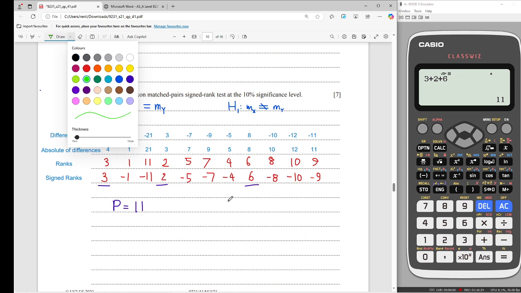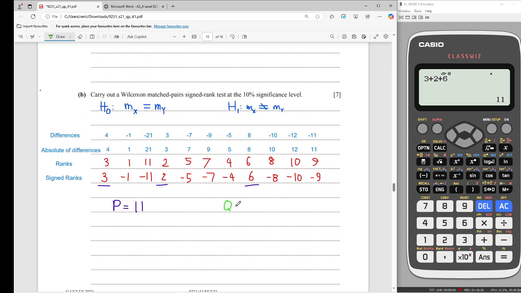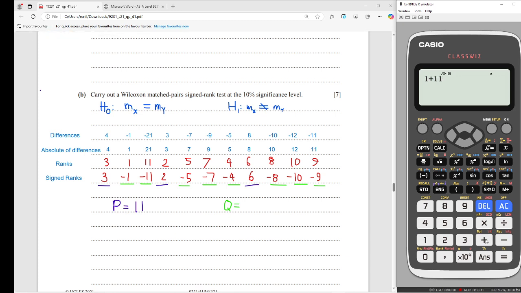Now we need to find the Q value, which is the sum of all the negative ranks, which is -1, -11, -5, -7, -4, -8, -10, -9. So how do we find this? Just add them up: 1 plus 11, 5 plus 7 plus 4 plus 8 plus 9 plus 10.